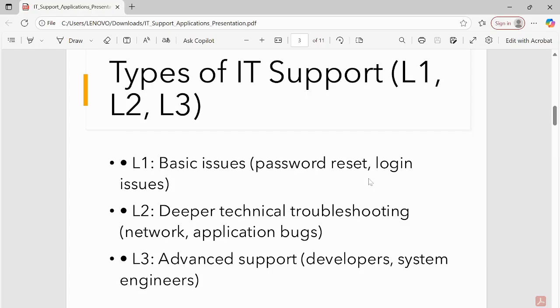You have to search and go deeper. This is L2, and then L3 is the advanced support, like a developer or system engineer.